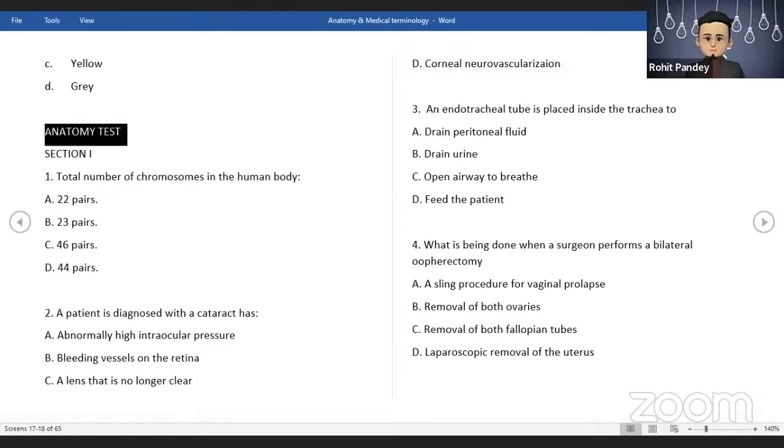The answer is C, open the airway to breathe. An endotracheal tube is placed inside the trachea to open the airway to breathe.